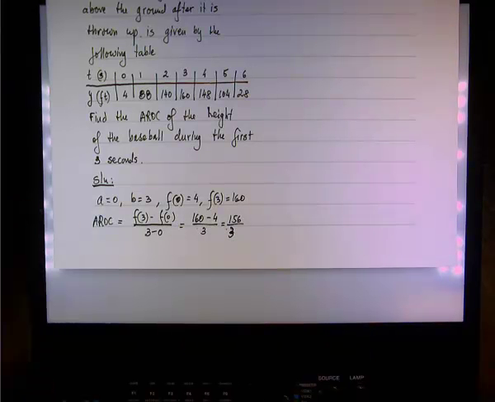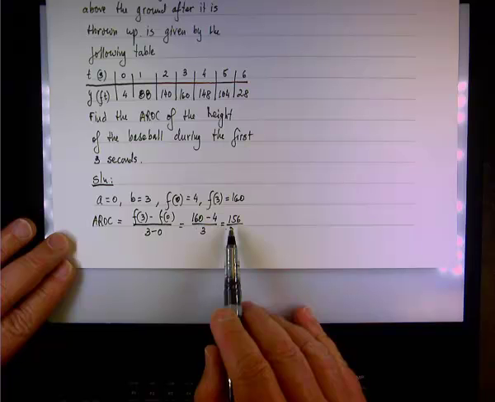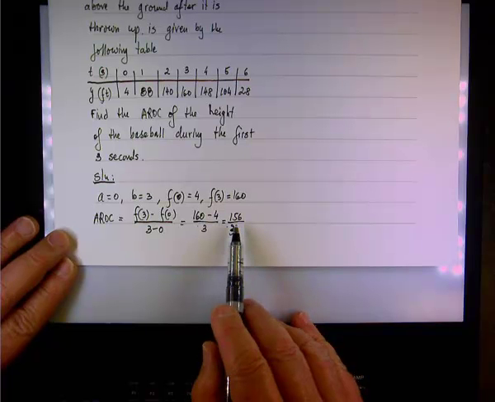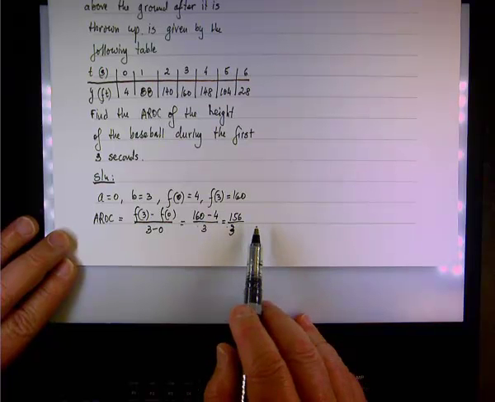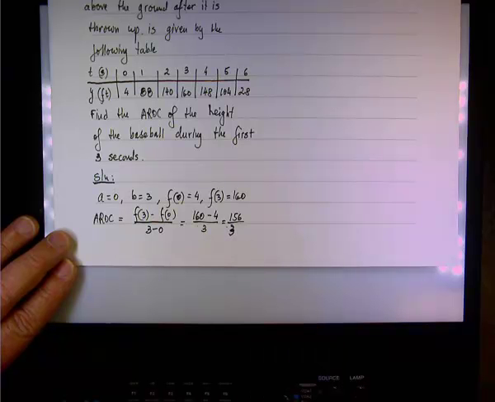You know how you can tell whether a number is divisible by 3, right? You add the digits that make up the numerator. 1 plus 5 plus 6 is 12. 12 divided by 3, so 156 divided by 3.